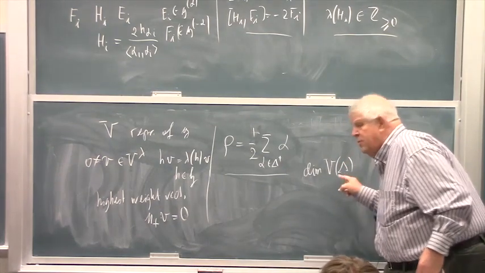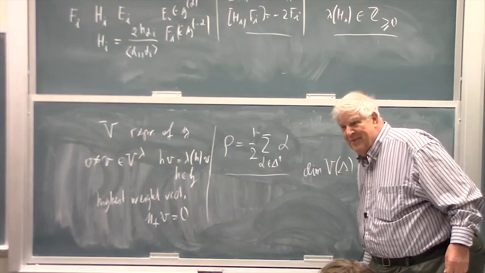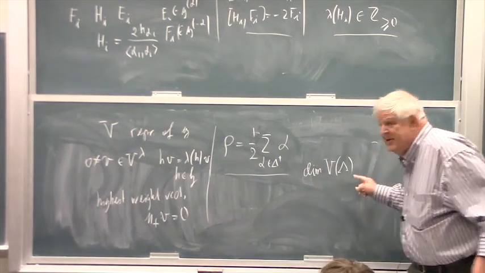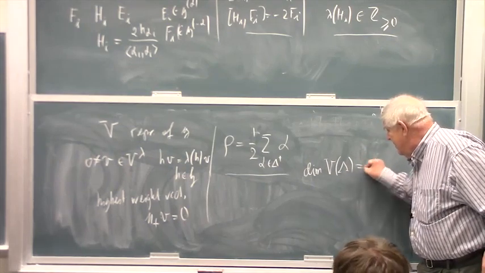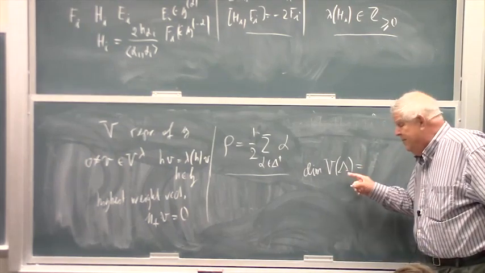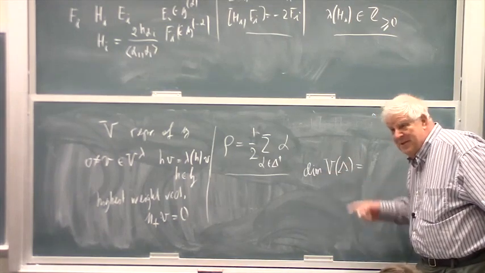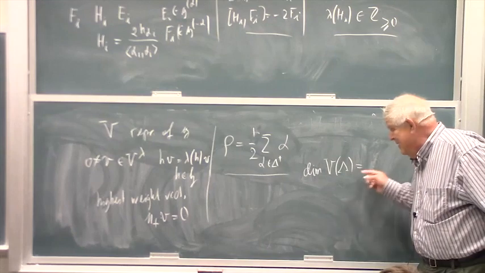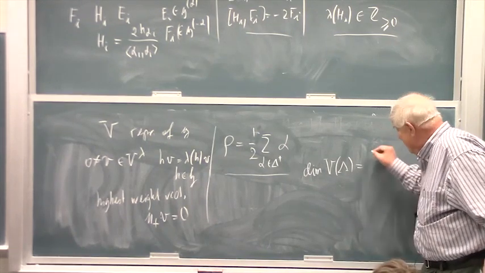I prefer to use this notation of capital lambda because I will need small lambda for different purposes. So this is the representation with the highest weight lambda. The left-hand side, dimension, means it is finite dimensional. So lambda is something, but the right-hand side is defined for any lambda.